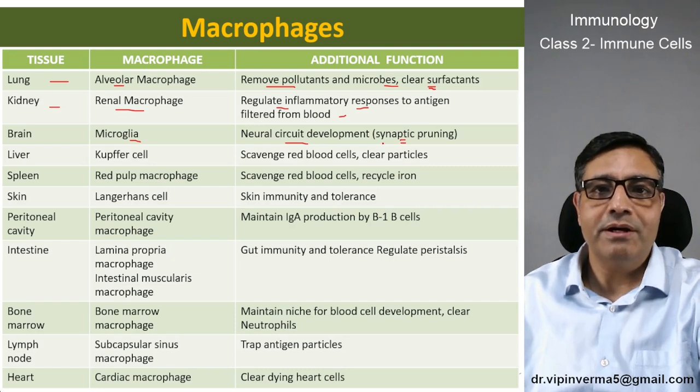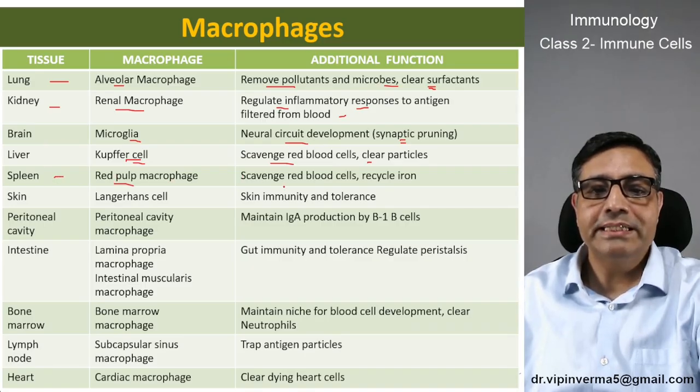That's a part of the nervous system. In liver, we have the Kupffer cells, and they scavenge red blood cells and clear particles. In spleen, we have the red pulp macrophages. They scavenge red blood cells and recycle iron. In the skin, we have the Langerhans cells, and they are important for skin immunity and tolerance.